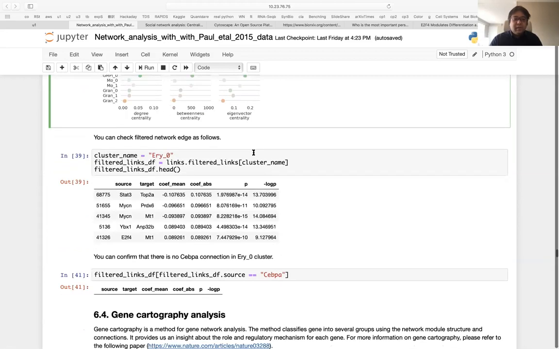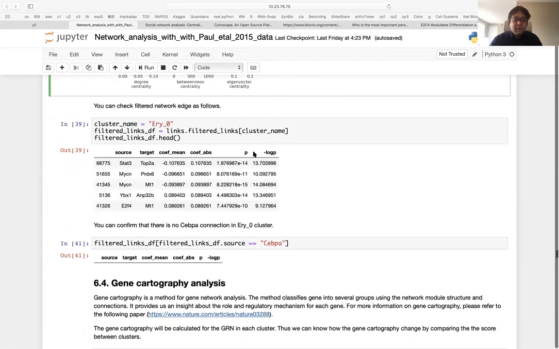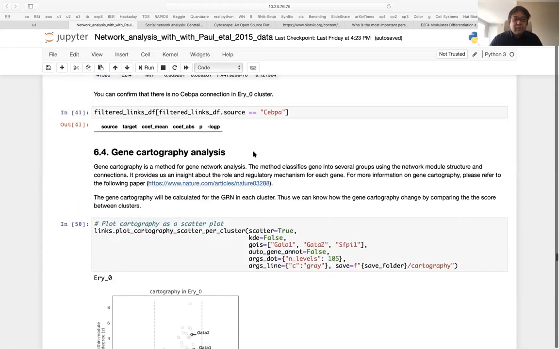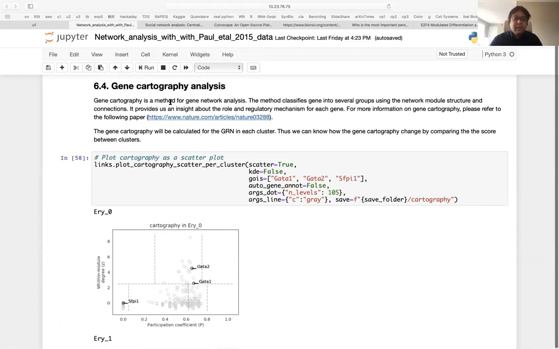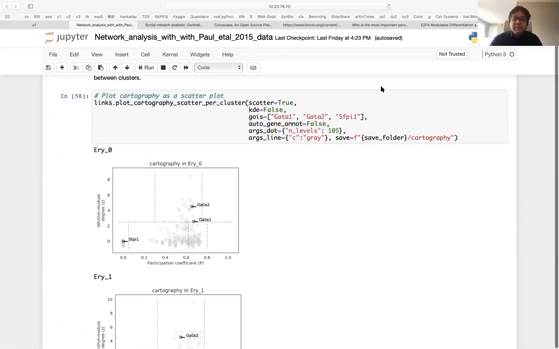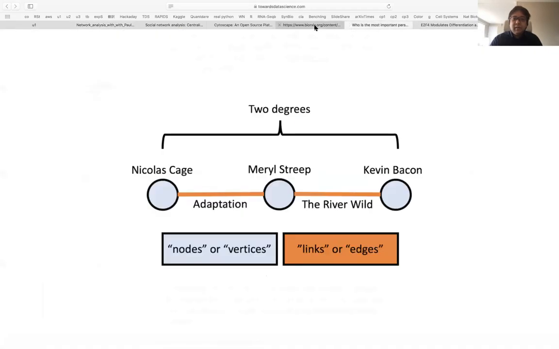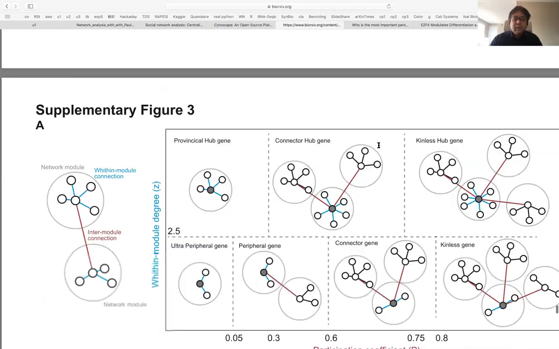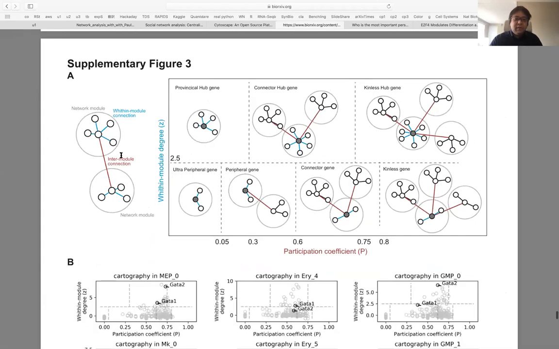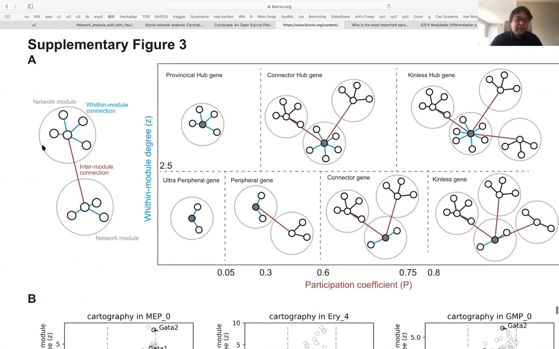Okay, and one more thing, the gene cartography analysis. This is a method for GRN analysis. Let me explain what the gene cartography analysis is. We look at the connections and we look at the network modules.